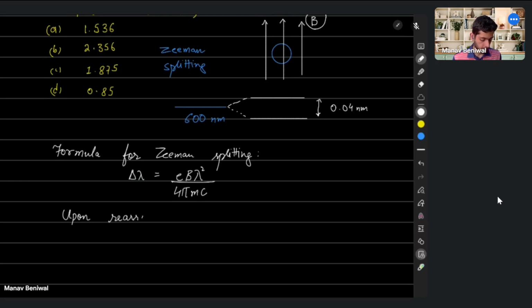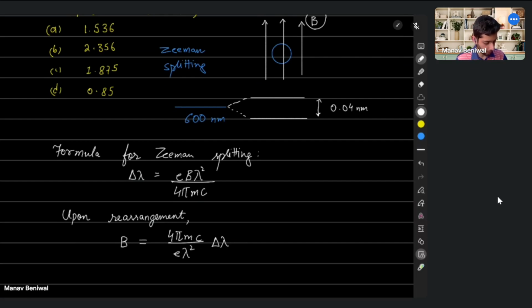Upon rearrangement, we can write B as this formula, and now we know all the values. So here, what is M?